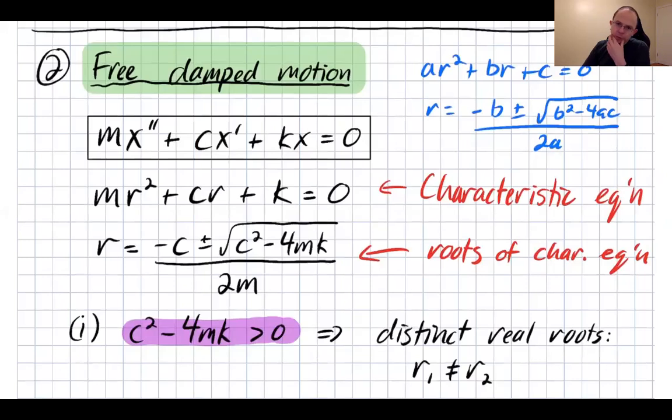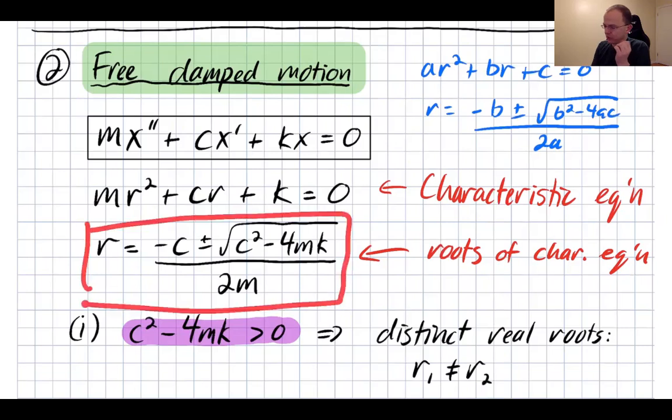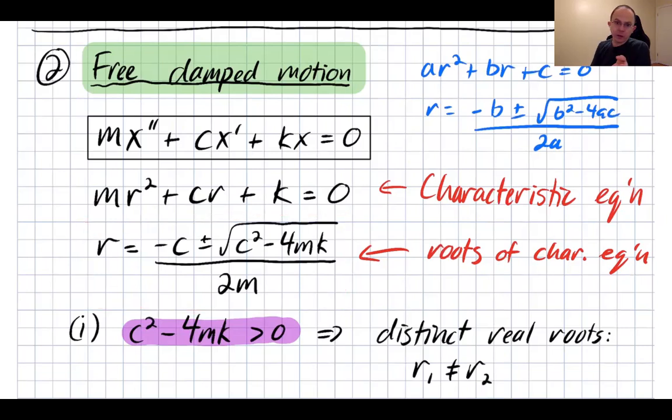Now, from the last section, we know that the thing we need to decide is whether the two roots are real or complex, and if they are real, whether they are repeated.